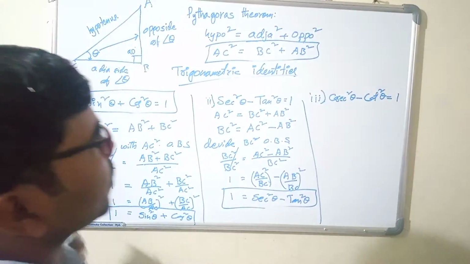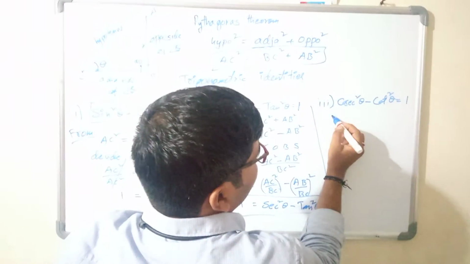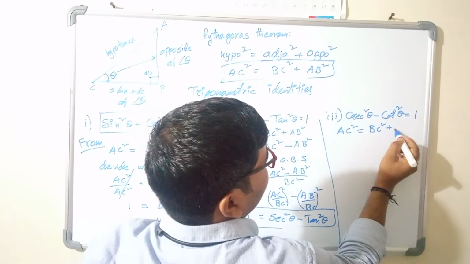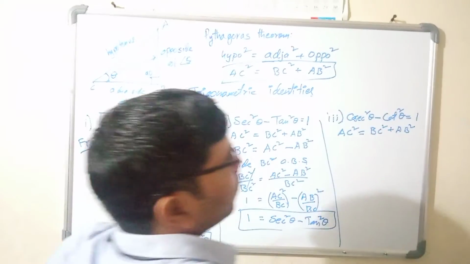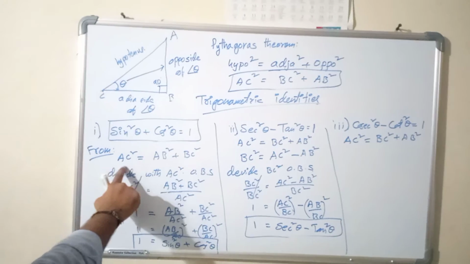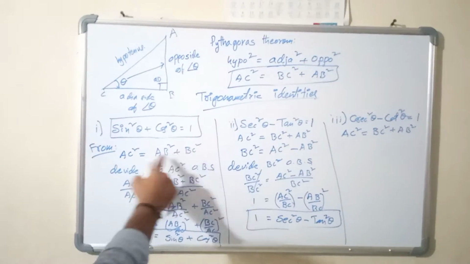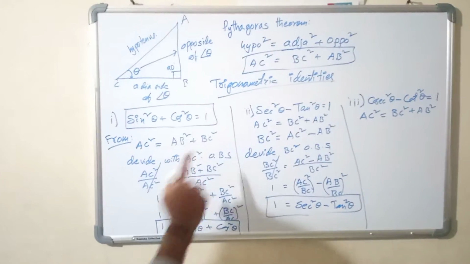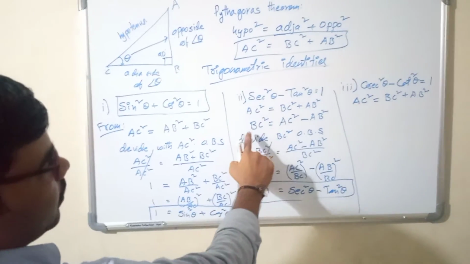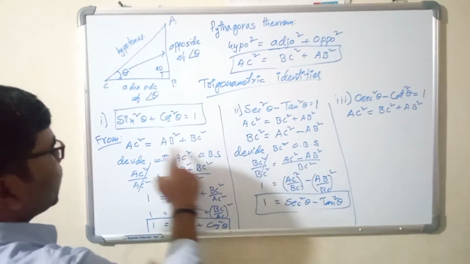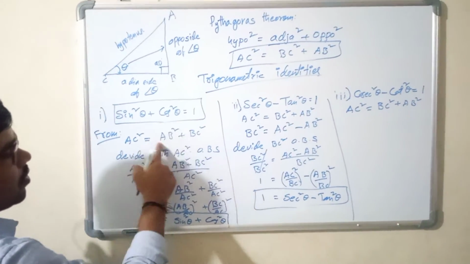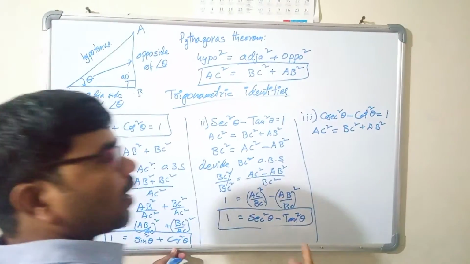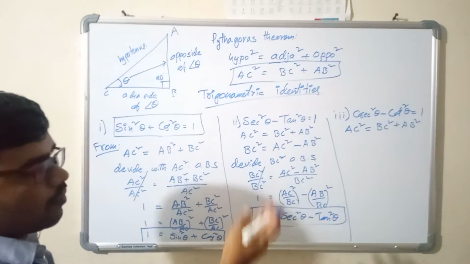Next coming to this one. This is also we can prove from the Pythagoras theorem. Here Pythagoras theorem means AC square is equal to BC square plus AB square. We can observe from here, AC square is equal to AB square plus BC square. In this we can get AB square equal to something.